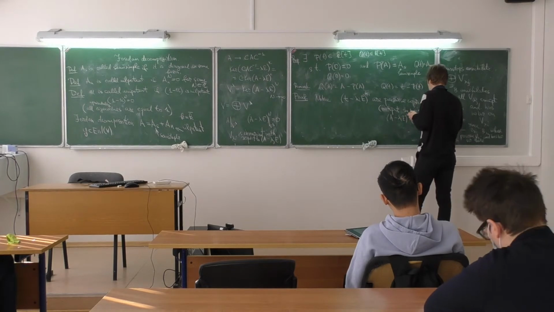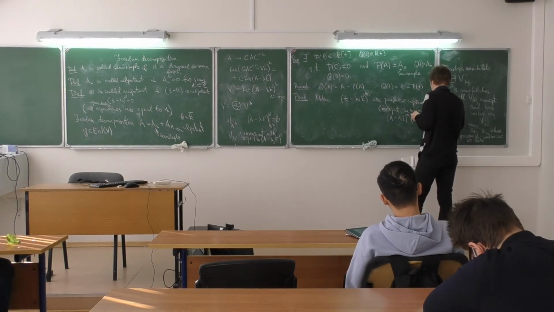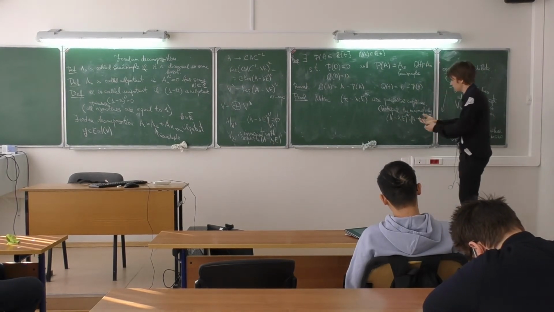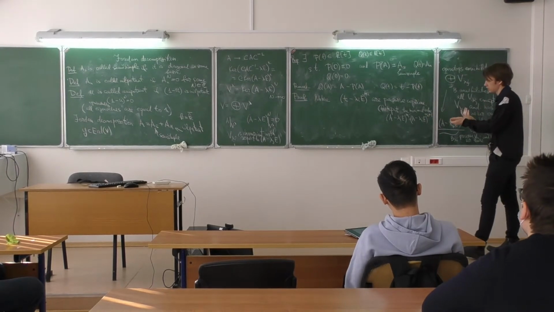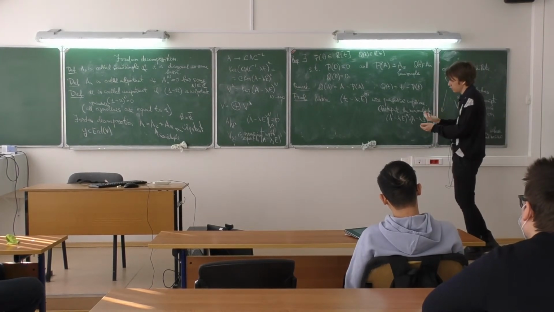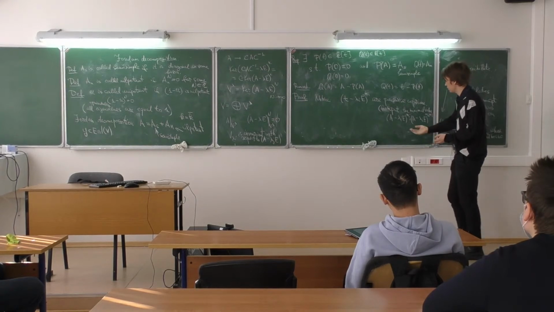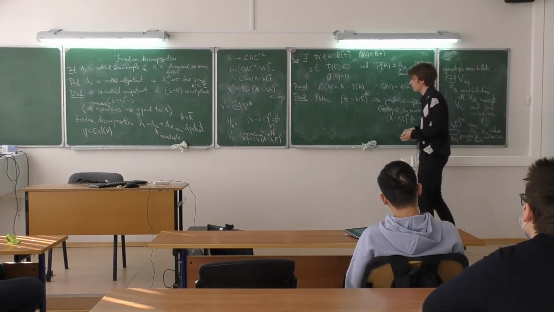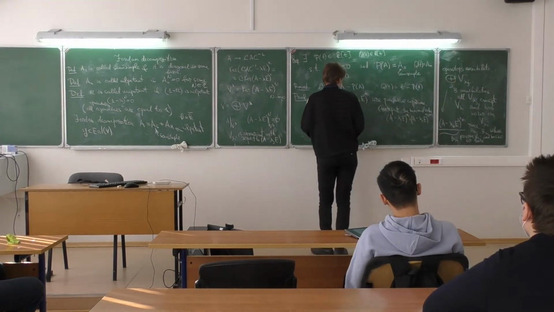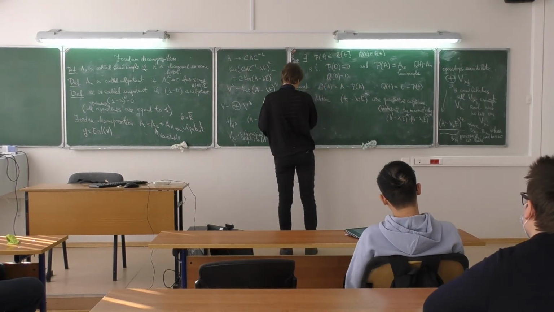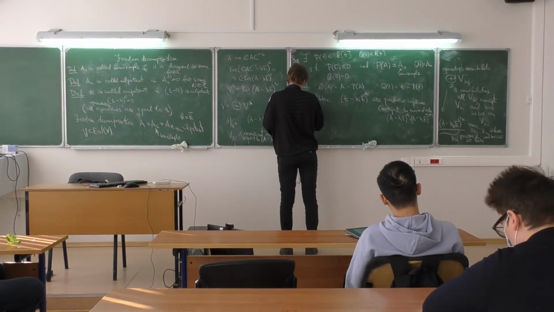You see that this is an increasing sequence of vector spaces, but they have bounded dimension, so in the end they will stabilize. These are coprime, so you can use the Chinese remainder theorem.